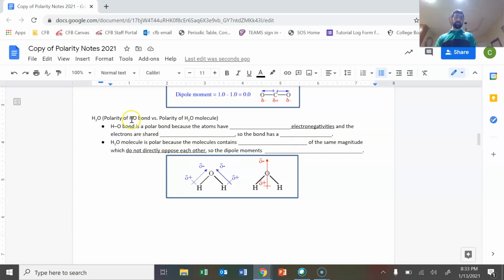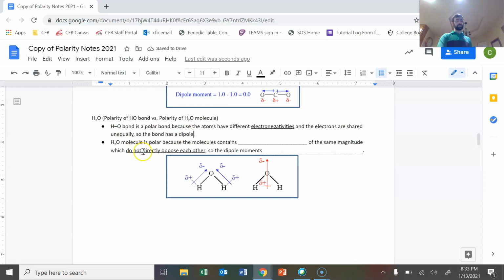H2O is different. H2O, we have an H-O bond, which is a polar bond because the atoms have different electronegativities and the electrons are shared unequally. So the bond has a dipole once again.